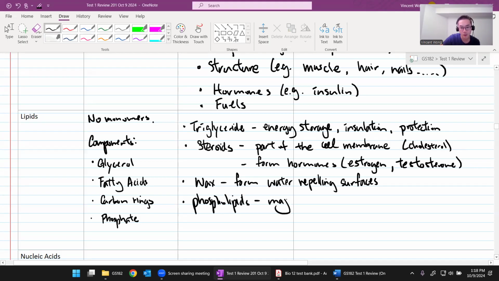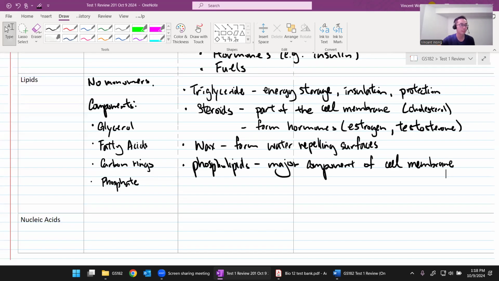Which is the major component of cell membrane, right? Major component of cell membrane. That's it for lipids.